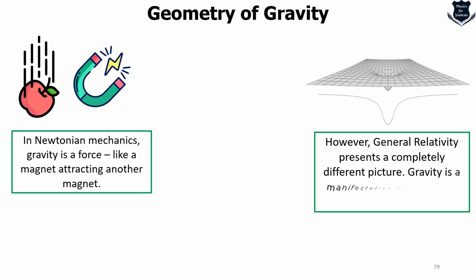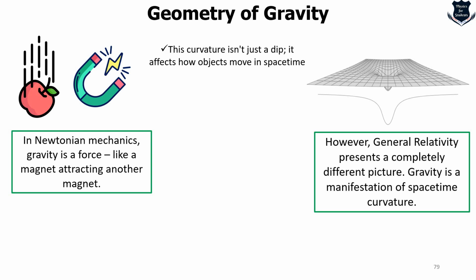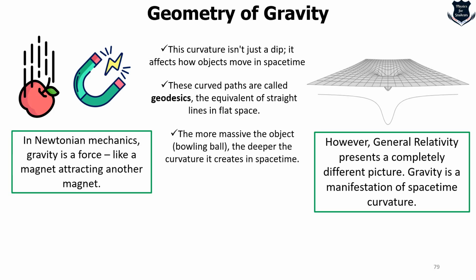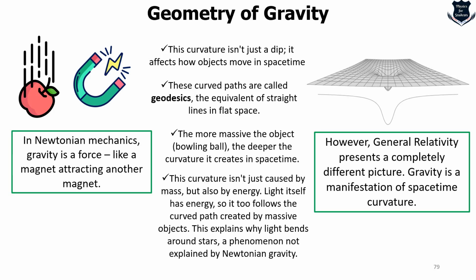General relativity, on the other hand, presents a completely different picture: it is a manifestation of the curvature of space-time. This curvature is not just a dip. It affects how things move in space-time, and these paths are called geodesics. The more massive the object, the more the space-time curvature, and this explains why light bends around stars, which is not explained by Newtonian gravity.